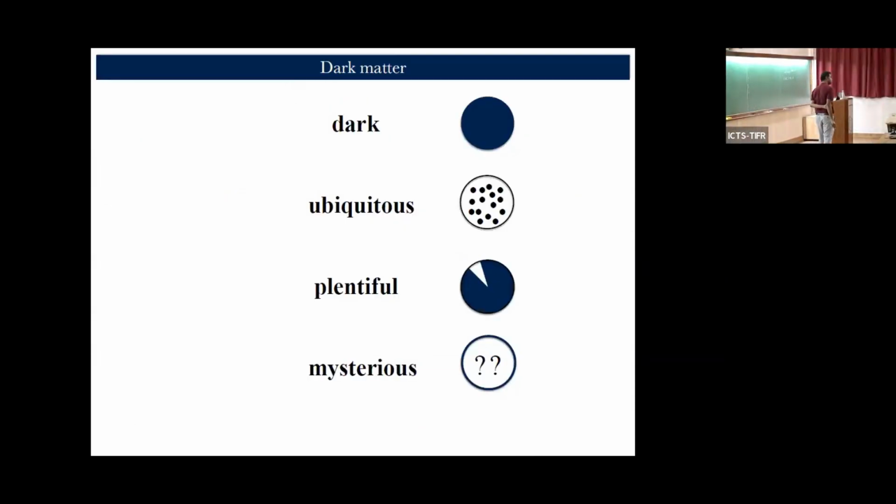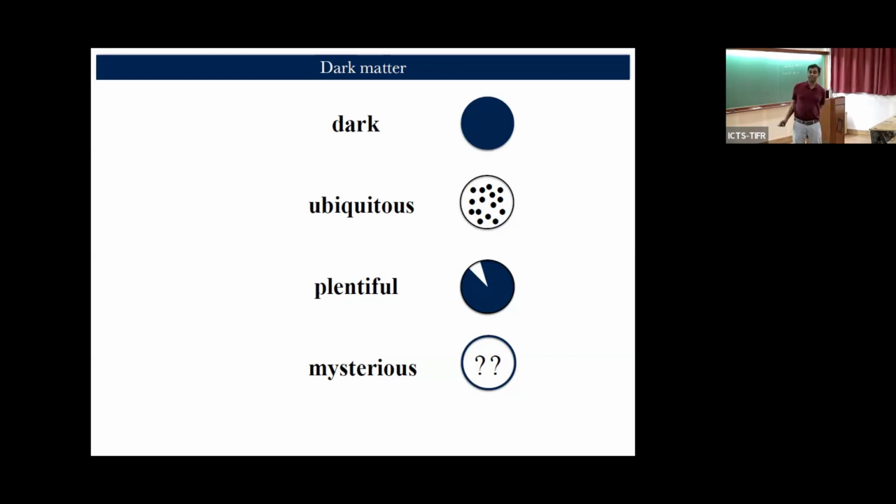Here's a lightning review of dark matter. I'm sure you've heard many things about dark matter in this workshop and elsewhere. Dark matter is dark, it is non-luminous, it's unfriendly to light, doesn't absorb, emit, or reflect light. We know it is present all over the universe at every scale larger than the distance scales of dwarf galaxies. It makes up 5/6 of all the matter in the universe, which is what really makes it a crisis for physicists, right?